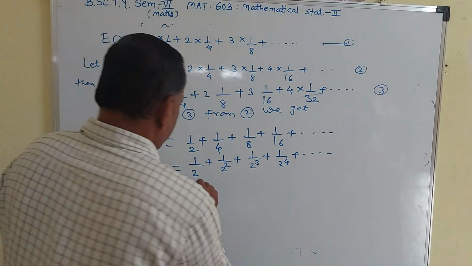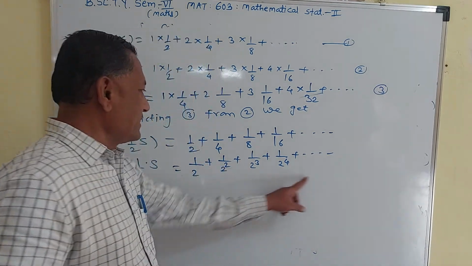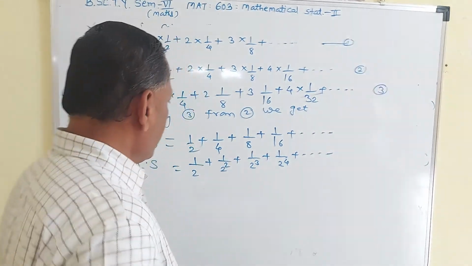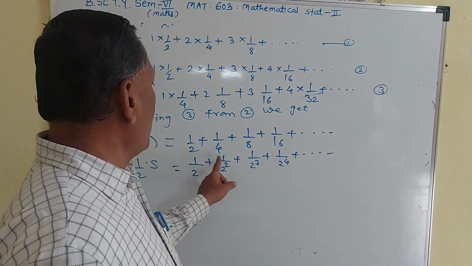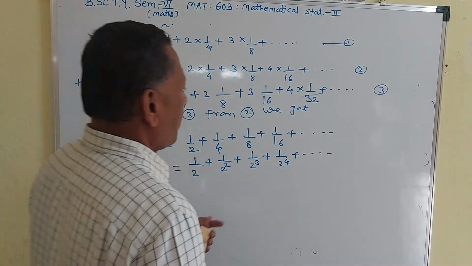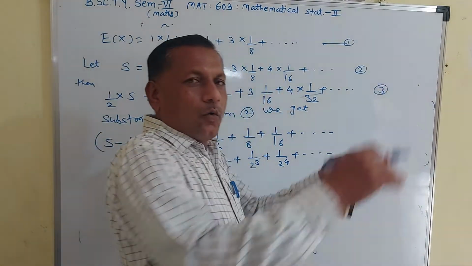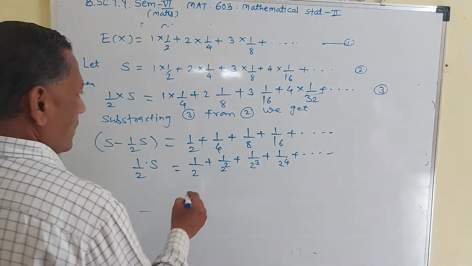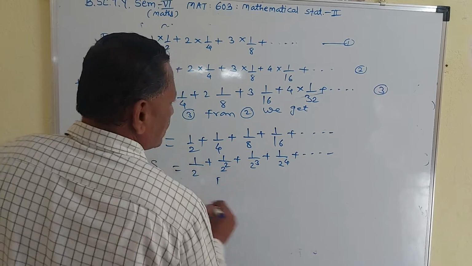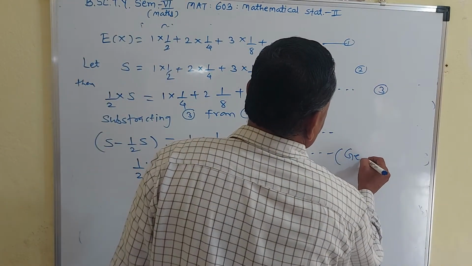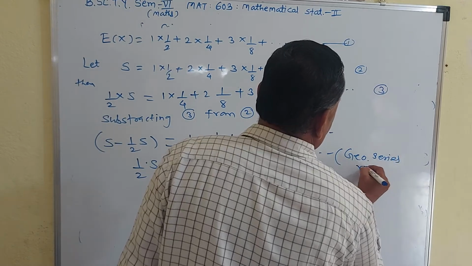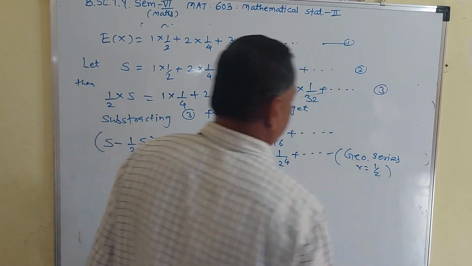The right hand series is a purely geometric series having the common ratio 1 by 2. And you know that its sum is the first term upon 1 minus the common ratio. So, this is a geometric series having common ratio r equal to 1 by 2.